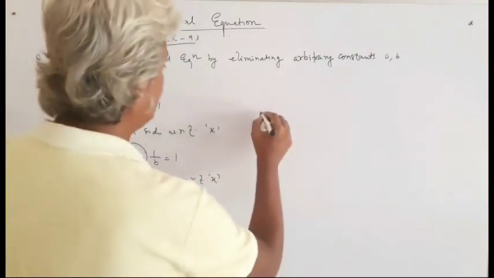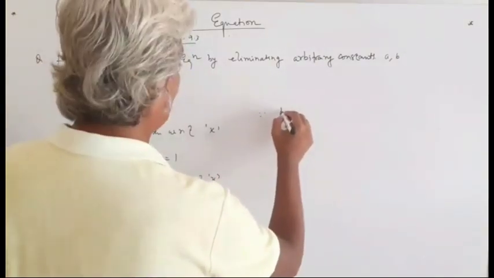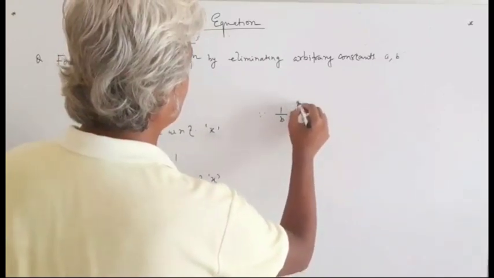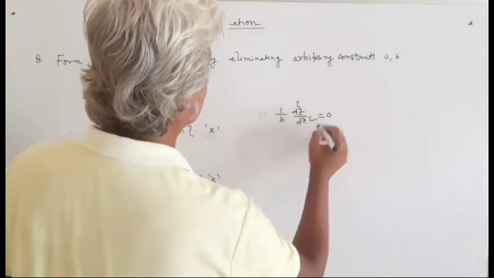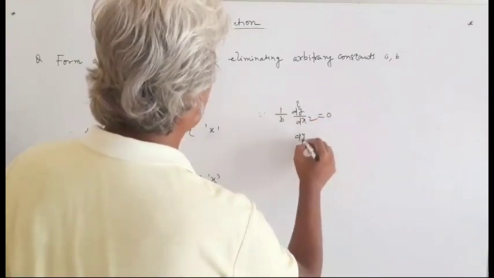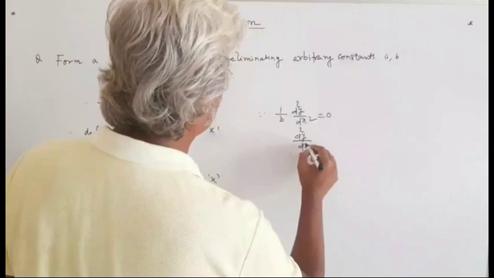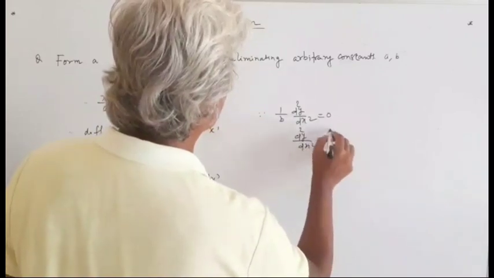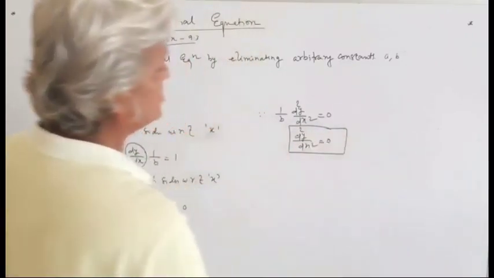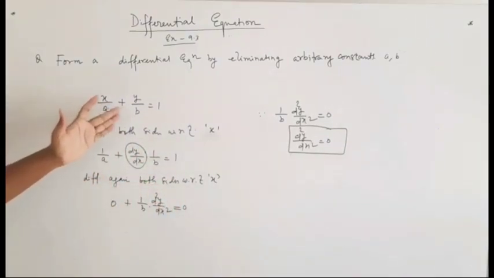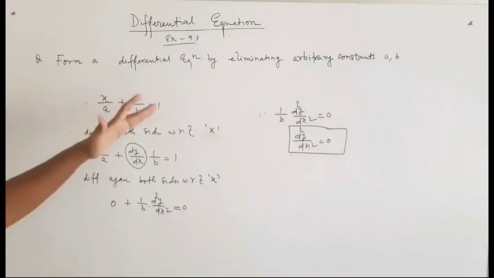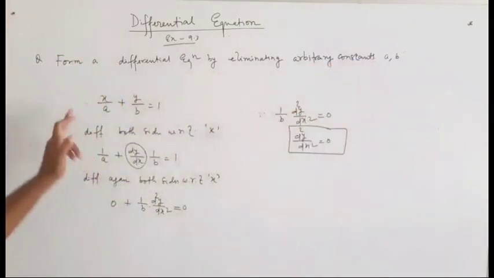So we have 1 by b d square y by dx square is 0, or d square y by dx square is 0. This is our differential equation corresponding to this equation, by removing the arbitrary constants a and b. So your answer is d square y over dx square is 0.